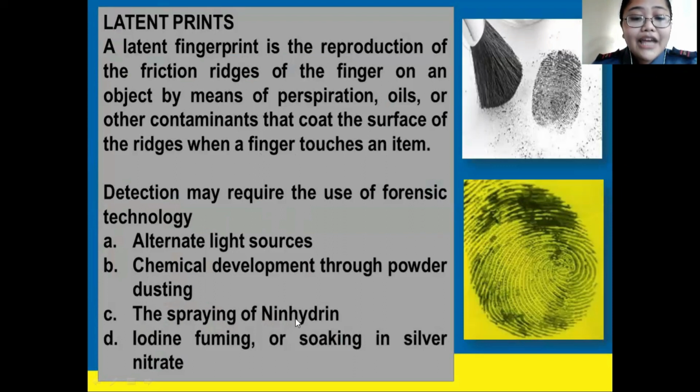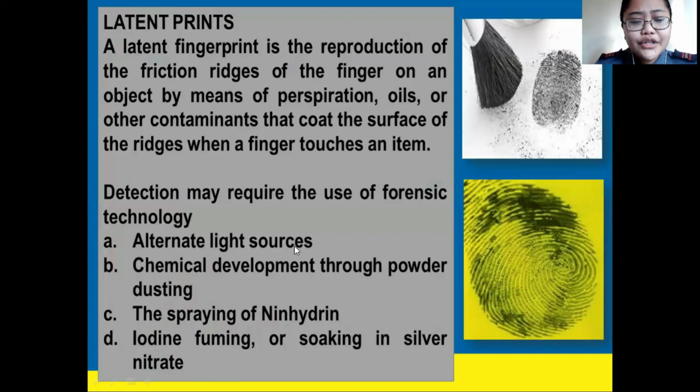Third is the spraying of ninhydrin. The spraying of ninhydrin is basically used for papers. For example, documents, if someone took or stole documents, the latent prints can be seen by spraying ninhydrin, and it is also dried with a photo dryer. Then the last, for the detection of the latent print, we have the iodine fuming or soaking in a silver nitrate.